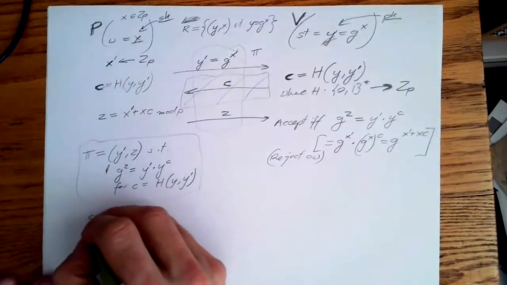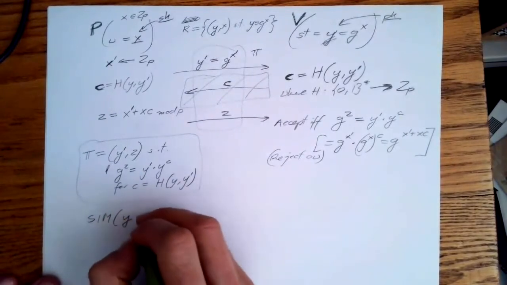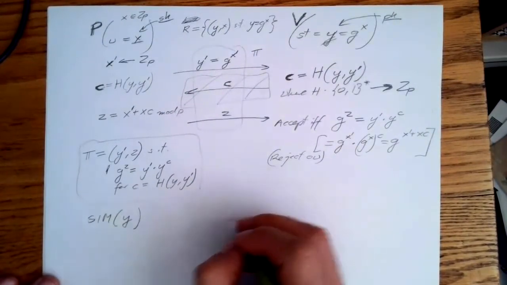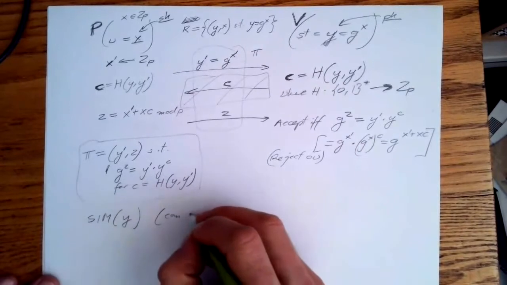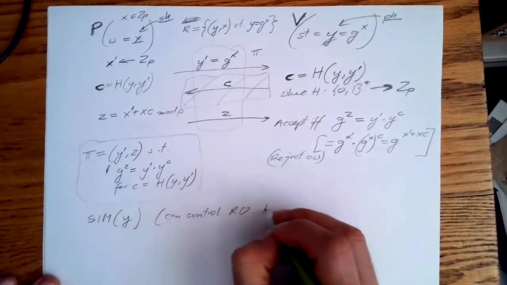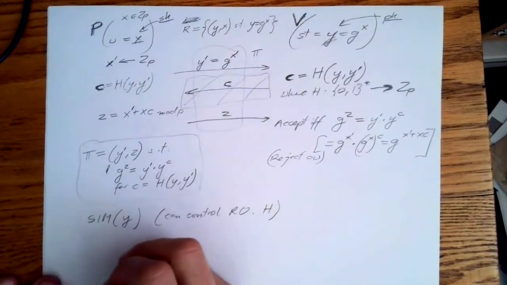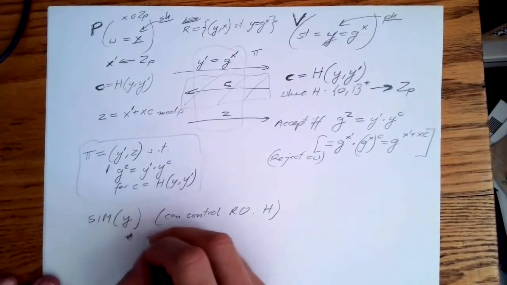So here is the simulator, whose only input is y, but which can also control the random oracle h. The simulator will proceed like this, a very simple procedure.